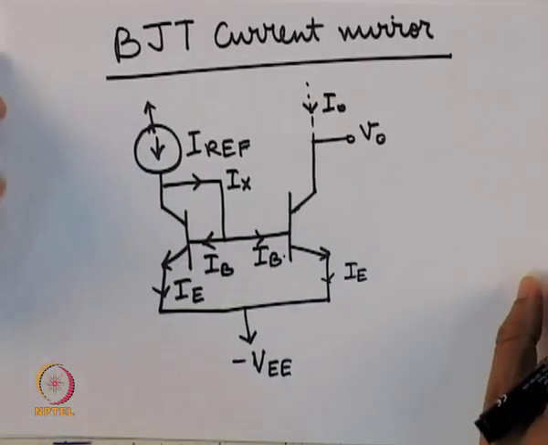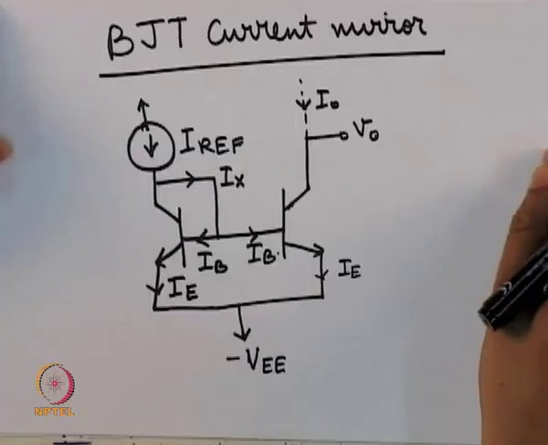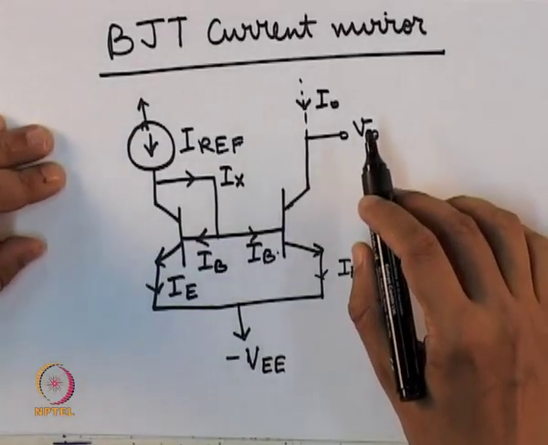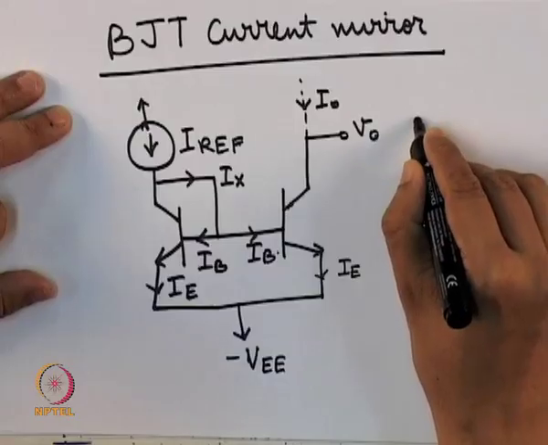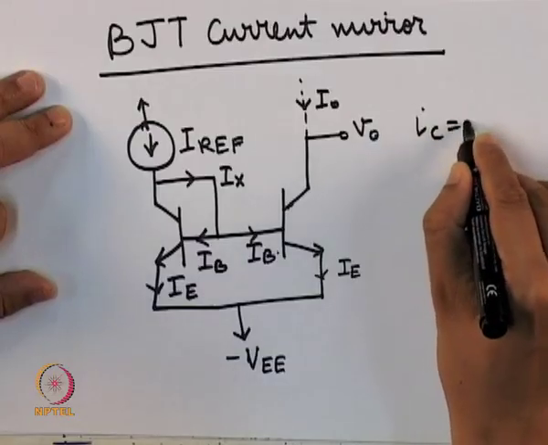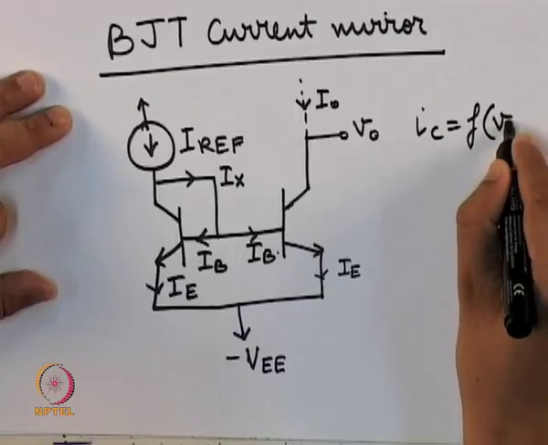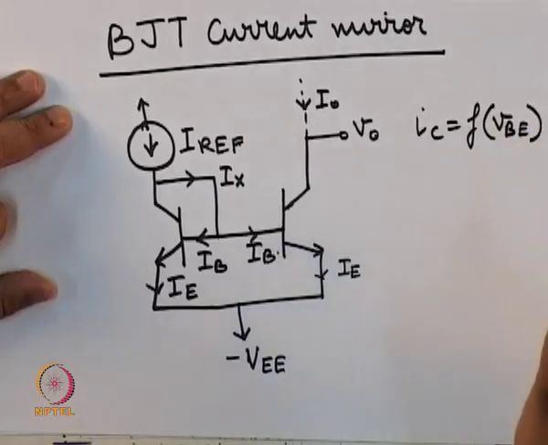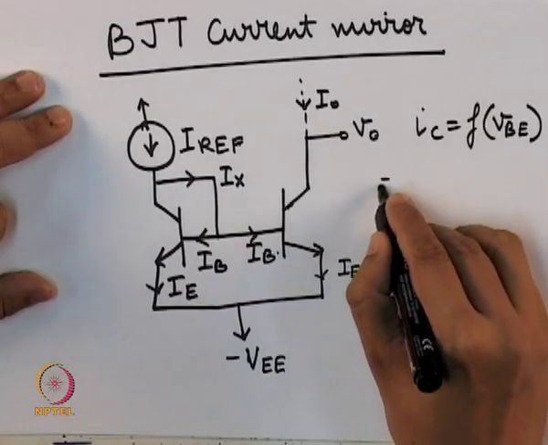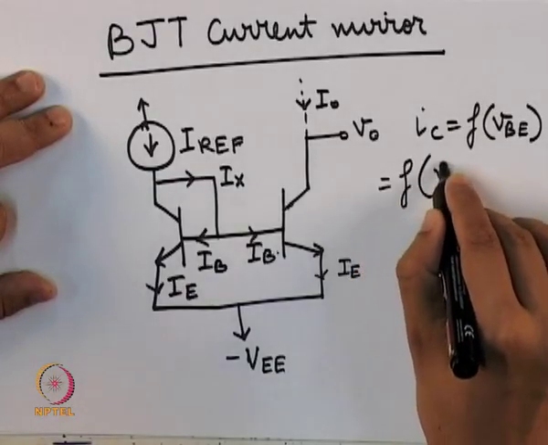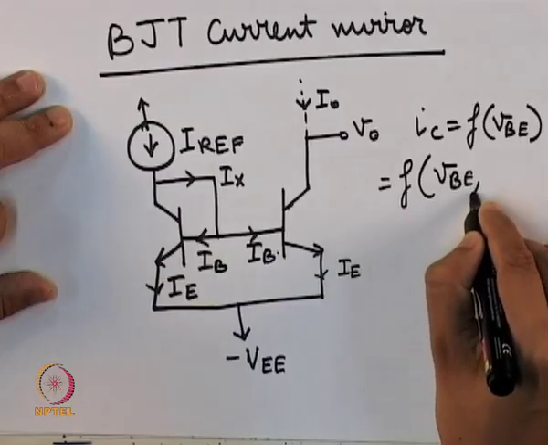Now, when we first started discussing BJTs, I had mentioned that the current IC is a function of only VBE. This is true to some extent, but in reality IC is also a function of VCE.